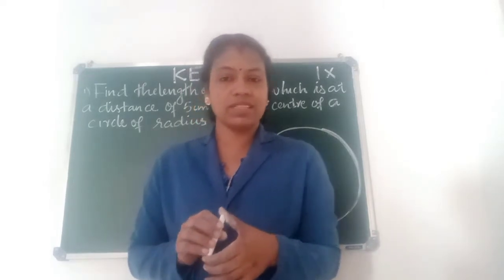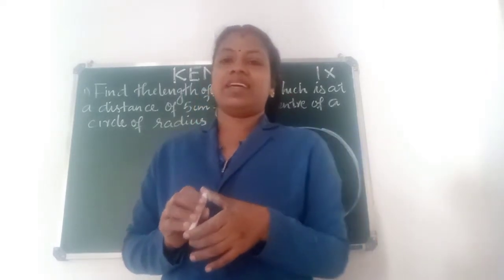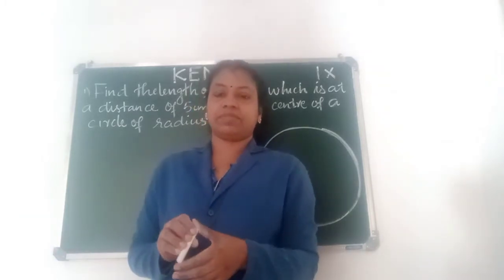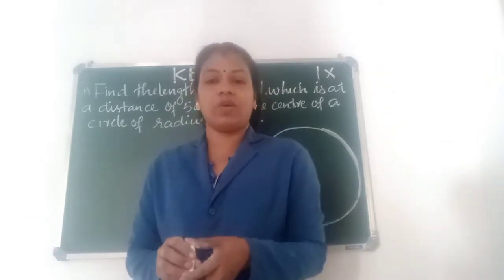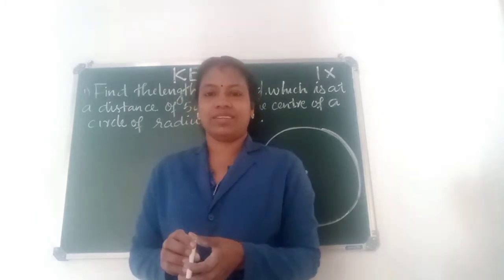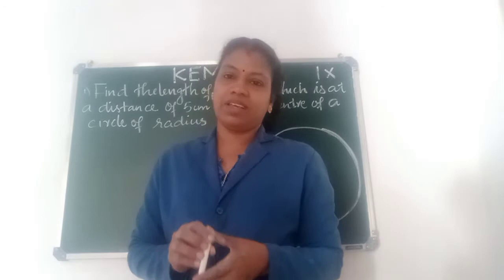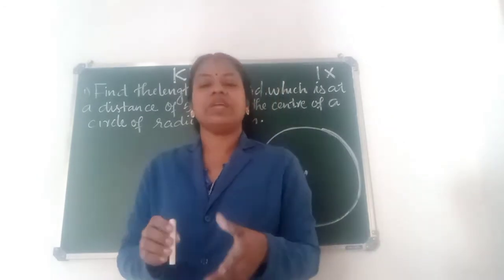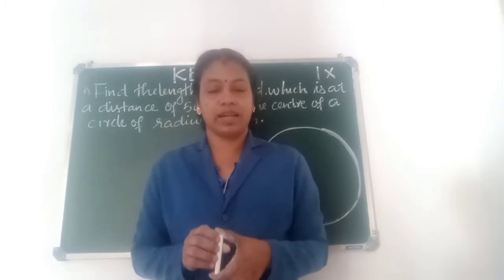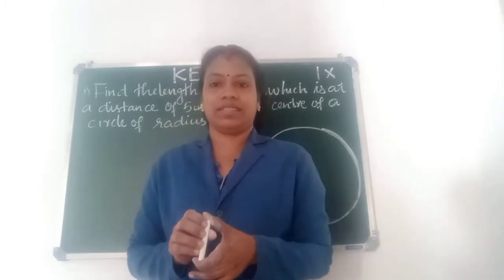What is the converse? If the angles subtended by the chords of a circle at the center are equal, then the chords are equal. Isn't it? Okay. Today we shall discuss some more important properties and theorems on circles.